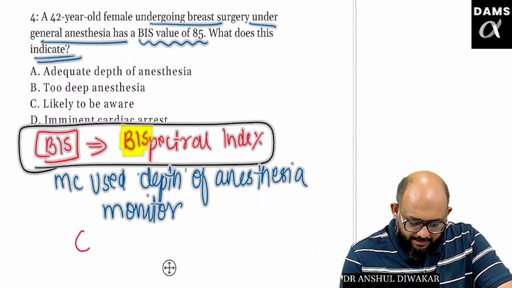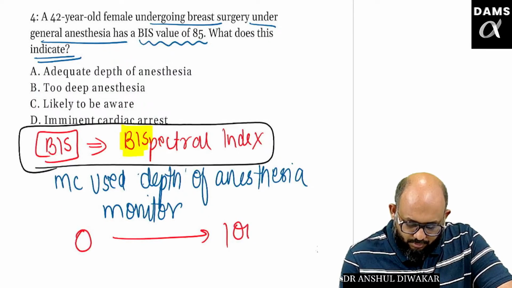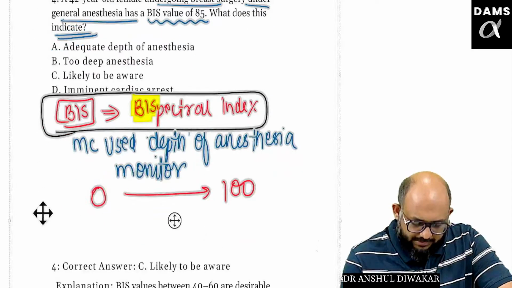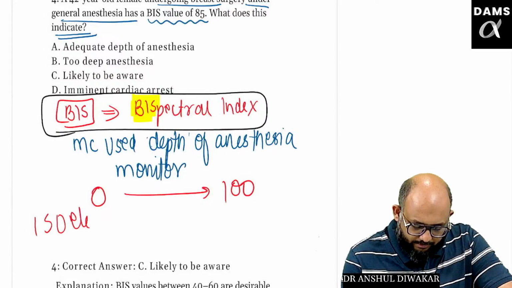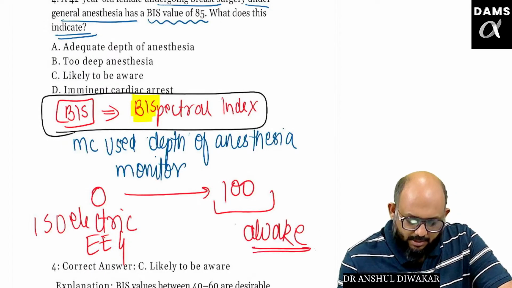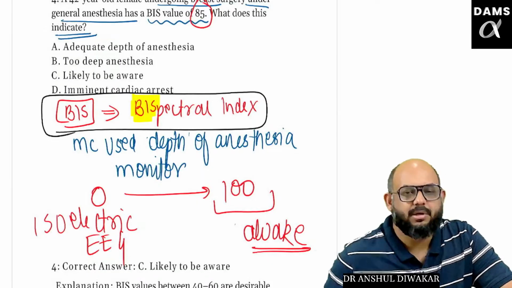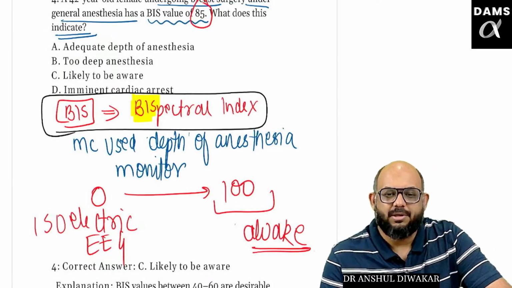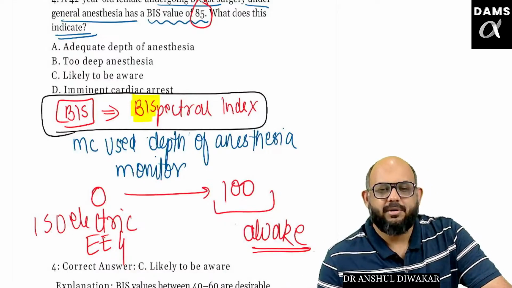Now the value ranges from 0 to 100, 0 representing isoelectric EEG and 100 representing a completely awake state. And you can see this is 85. Anshita, you should have thought of it by thinking of 0 to 100.